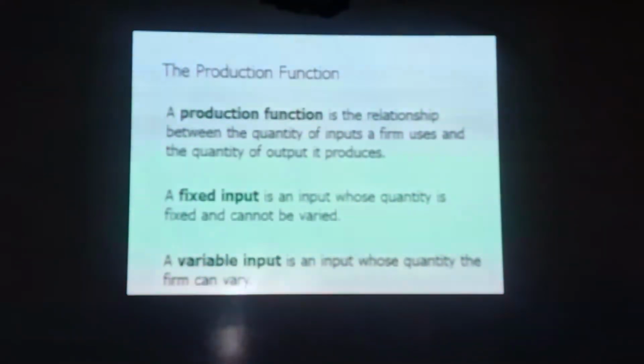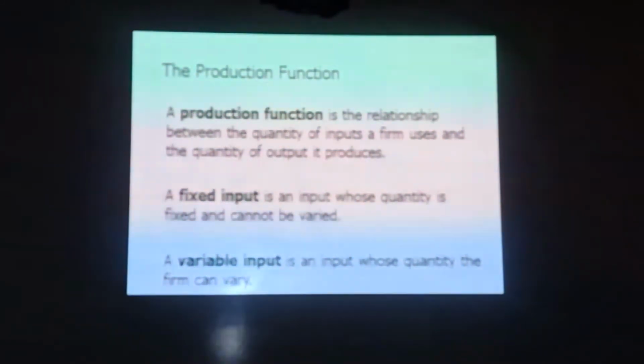Then another input is called the variable input. A variable input is that input whose quantity the firm can vary. We can increase or decrease the quantity of these inputs as a producer, just like raw material, just like labor.